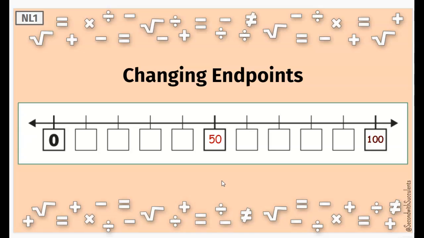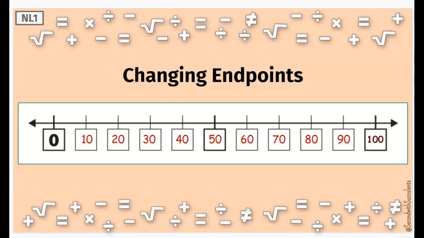Take a moment to fill in the rest of this number line, and then we'll see if we both fill them in the same way. Let's have a look. Show a connection if yours looks just like mine.